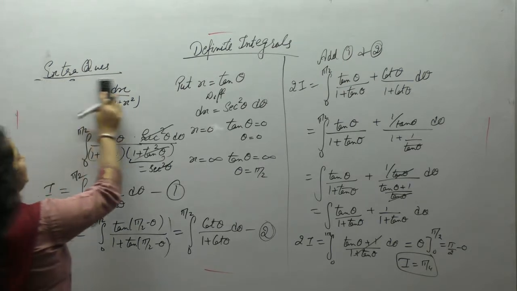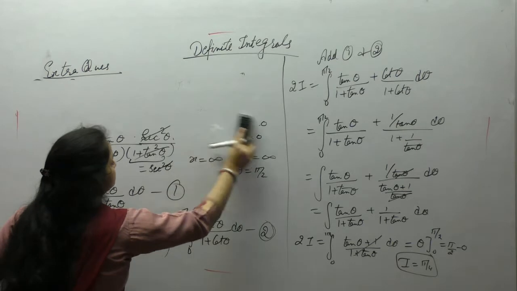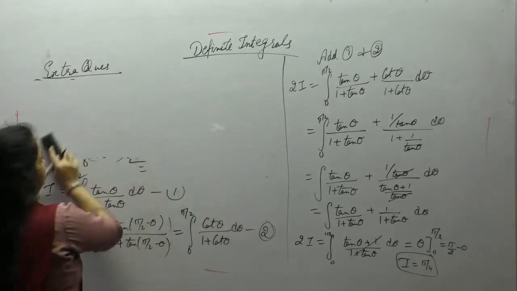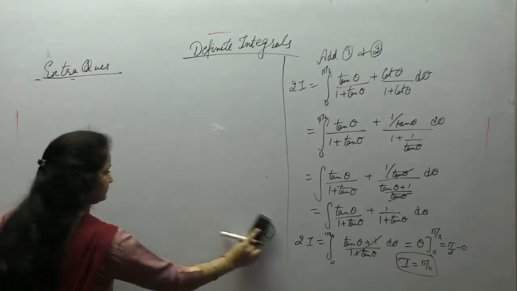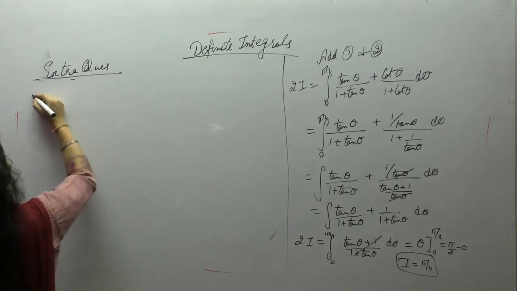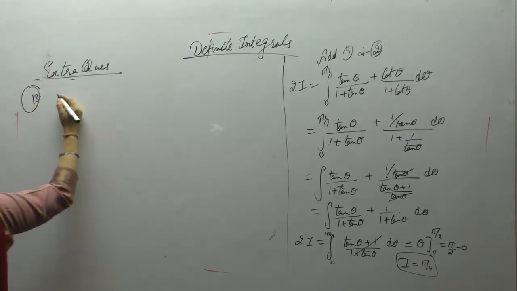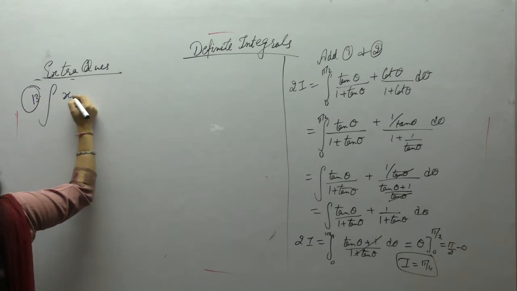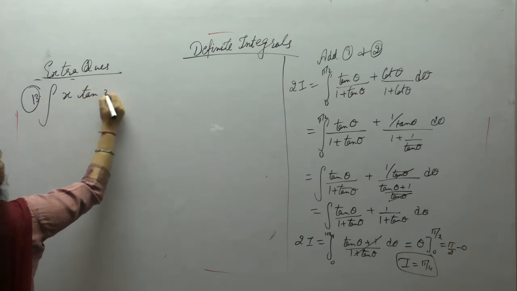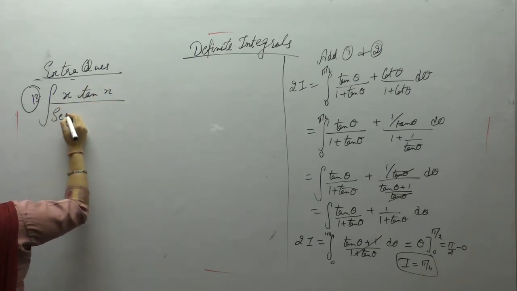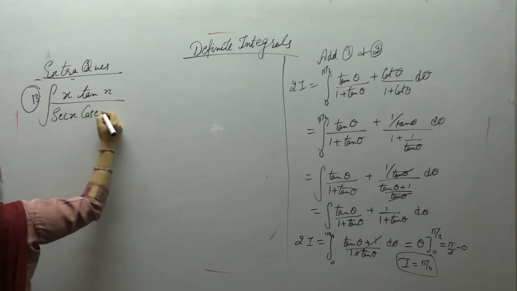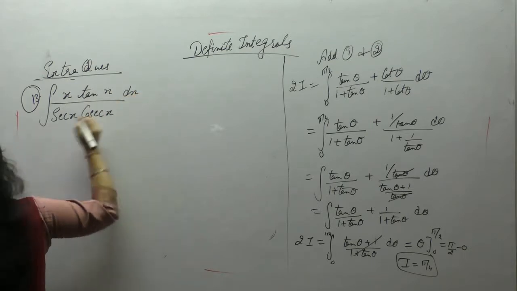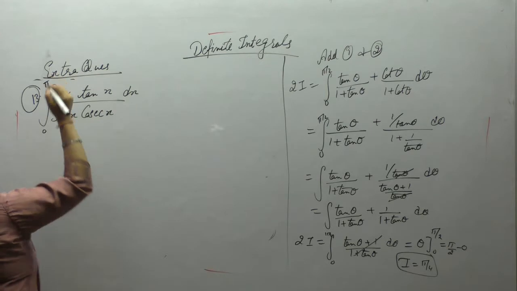Now the next one is integral of x tan x upon sec x cosec x dx, limit is 0 to pi.